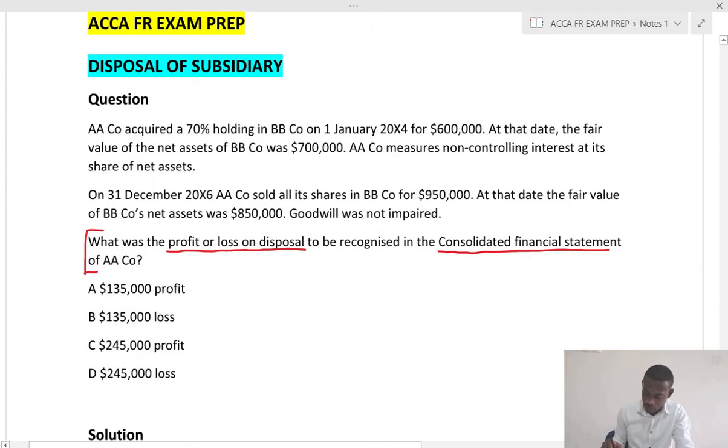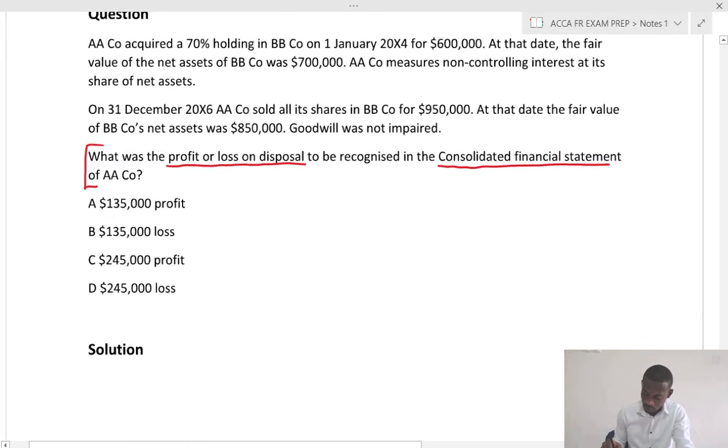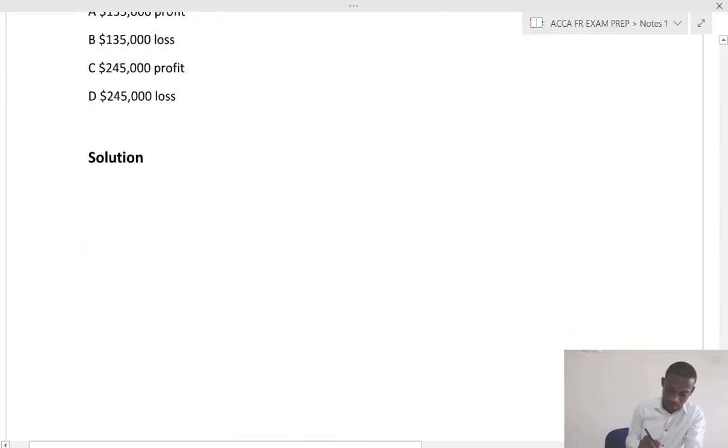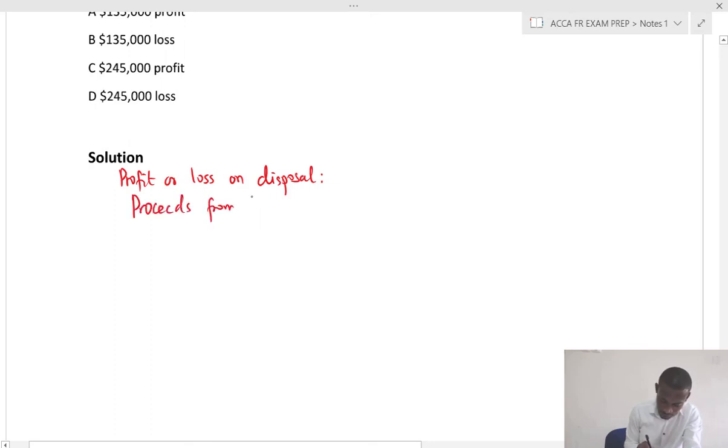Now, here you need a pro forma. So, what I'll do is to build my pro forma. I know that the profit or loss on disposal should be the proceeds from disposal, add NCI at disposal.